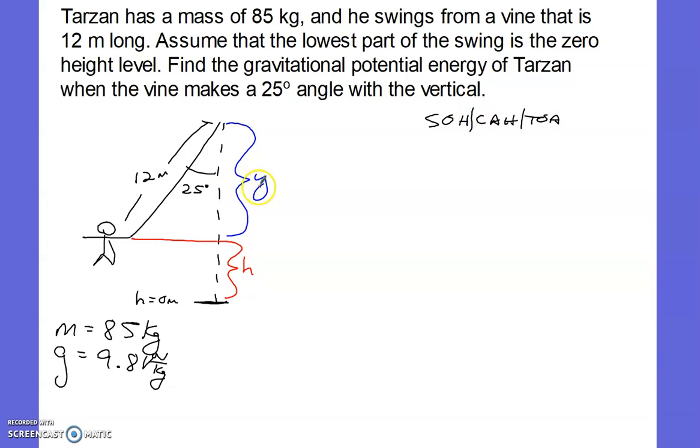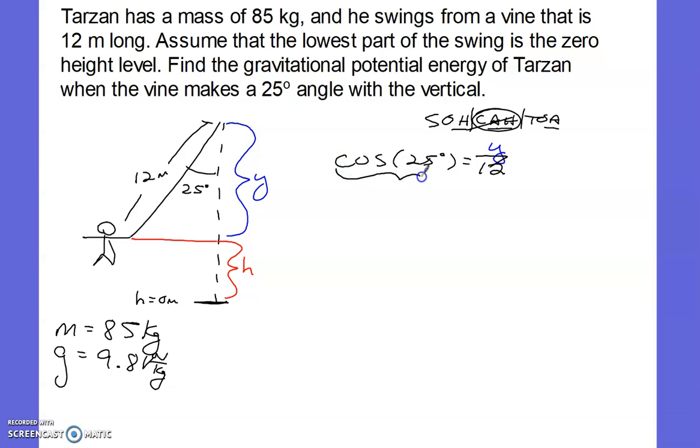This is the adjacent side, and we know the hypotenuse, so we're going to use cosine. I then write out that the cosine of my angle, which is 25 degrees, is equal to my adjacent, which is the letter y, divided by my hypotenuse, which is 12.